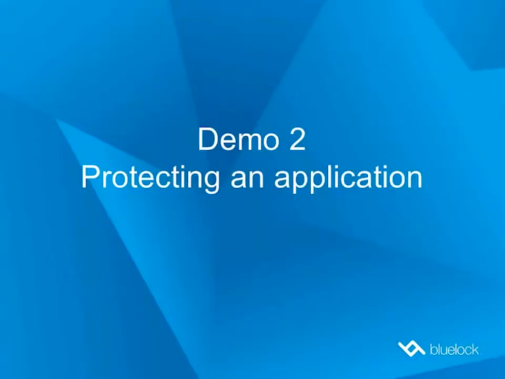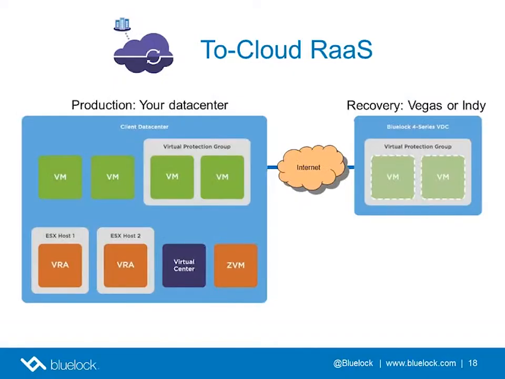All right. So the next part of the deep dive is we're actually going to show you how, now that you've got the VRA and the ZVM up and running in your environment, to actually use those through that new control panel to protect an application. So just to refresh what we've shown you so far: in your data center environment, and again, if your data center is actually Bluelock, we do all of this for you.